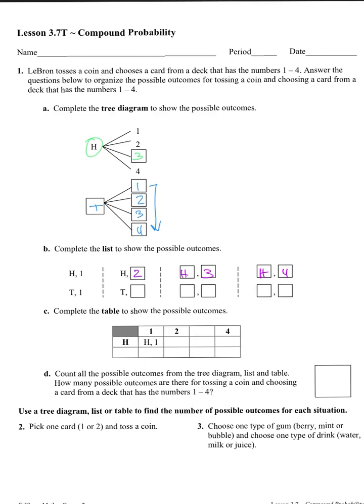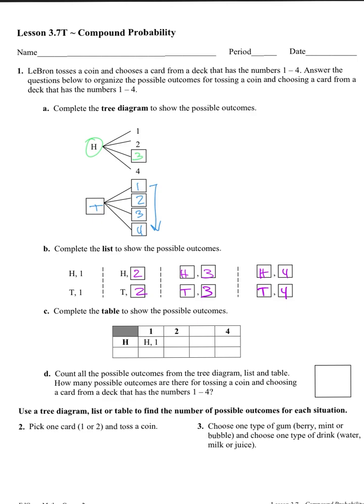That's one side of the coin. And then 1, 2, 3, 4, that's my cards. Now I'm going to take care of the tails. So tails 1, what's another possibility? Well, tails 2, then tails 3, and then tails 4. All right, that's a list.